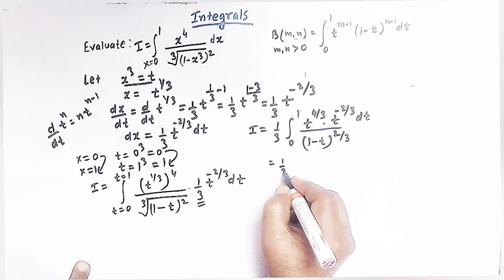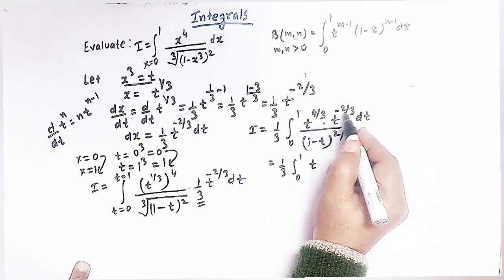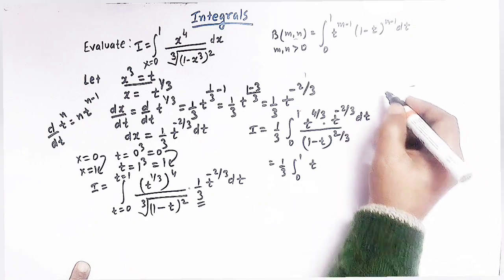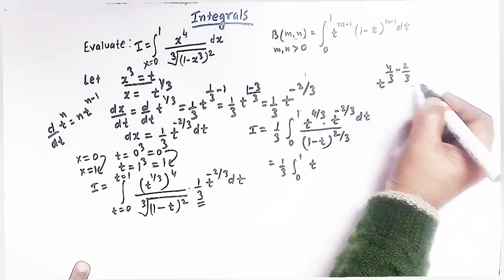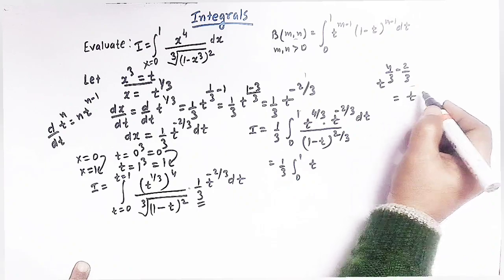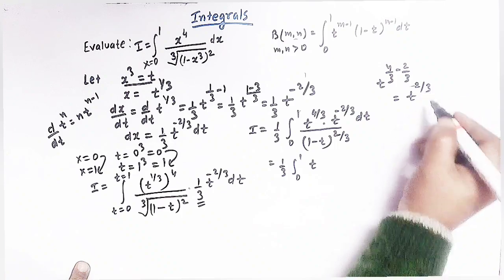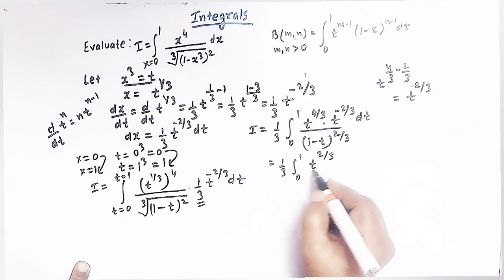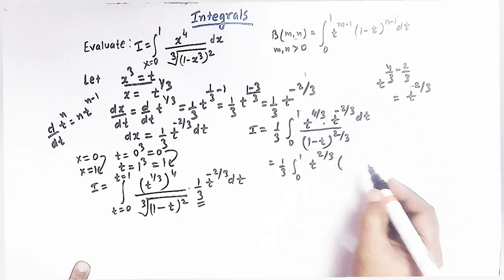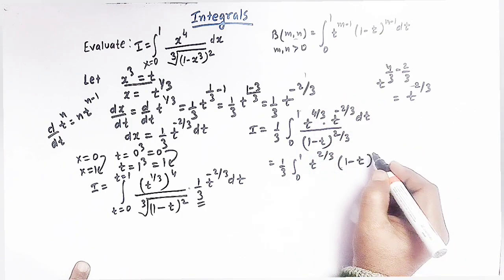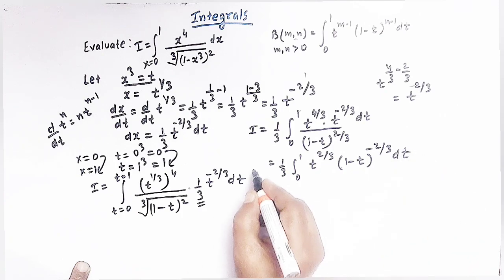So now this is 1 over 3, 0 to 1, and here using the laws of exponents, we can write t raised to 4 over 3 minus 2 over 3, that is t raised to 4 minus 2 is 2, so this is t raised to 2 by 3. So here we have t raised to 2 by 3, and taking this term to the numerator, we have 1 minus t raised to minus 2 over 3 dt.